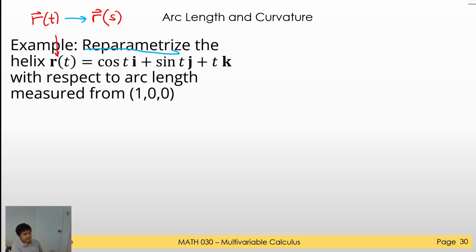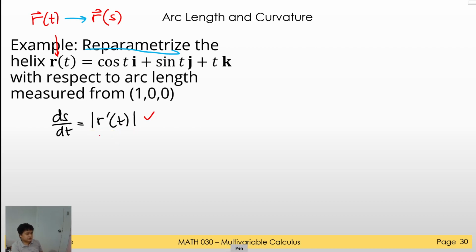So how do we do this? In doing so, what we need is the definition again, which is ds over dt is equal to the length of r prime of t. Only this one you need to memorize. Did we already solve this one?